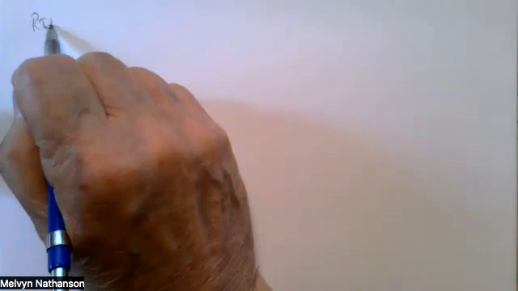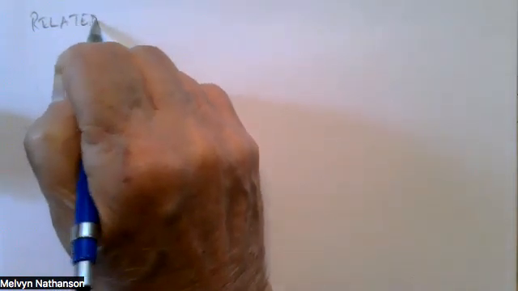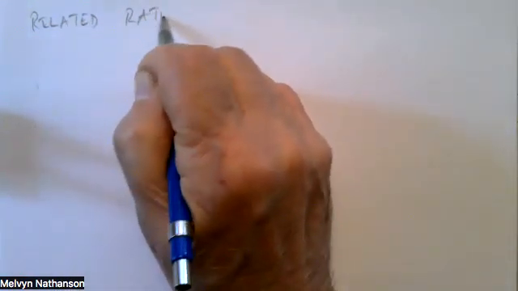The final section in this chapter, which is in some ways the most interesting, is the subject of related rates. So we want to use calculus to solve interesting problems, or not everyone finds them interesting, but at least to solve problems.